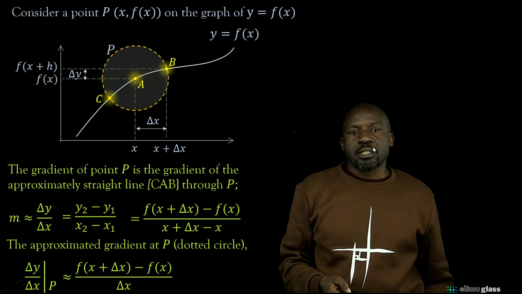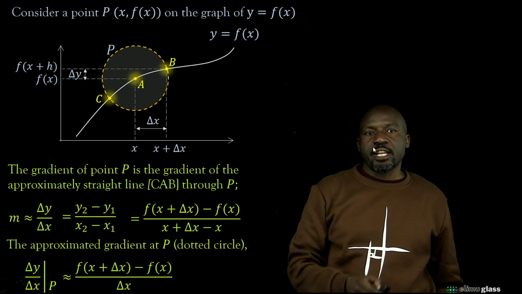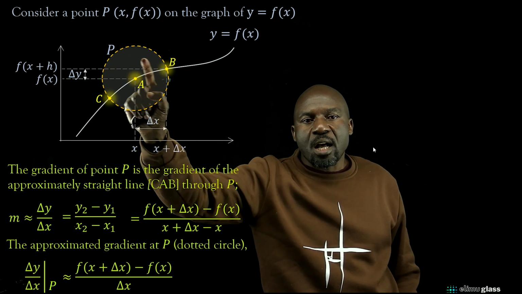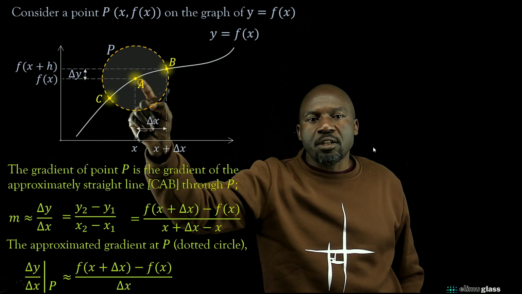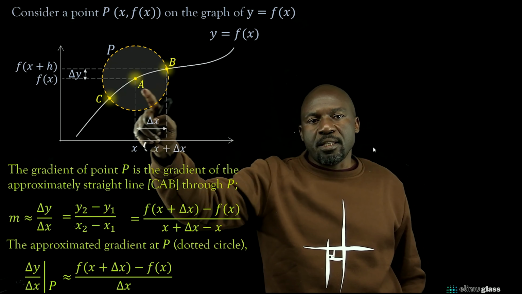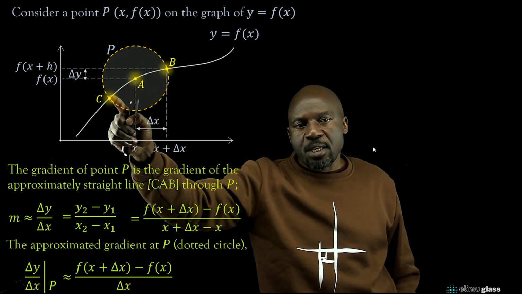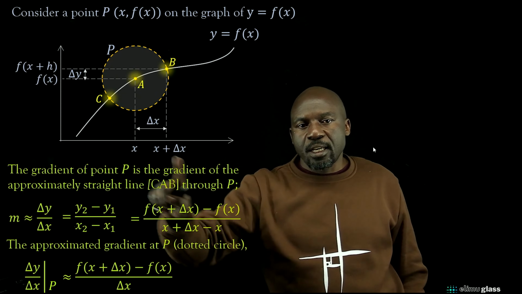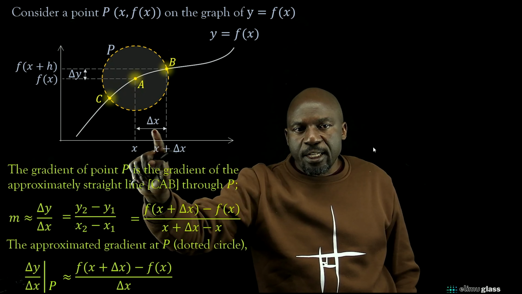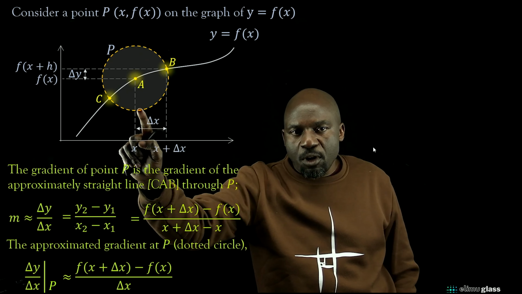So if we wanted to find the true gradient at point P, we need to make that circle smaller and smaller. The smaller that circle becomes, the better is the line CAB. And if we are making that smaller and smaller, then delta x is becoming smaller and smaller.